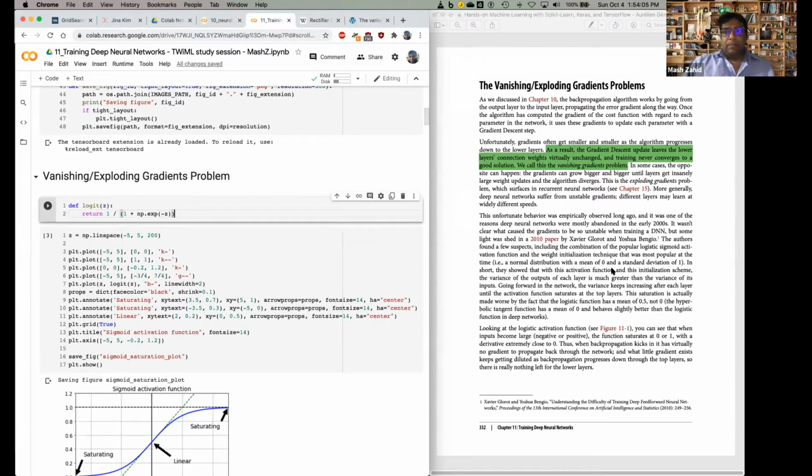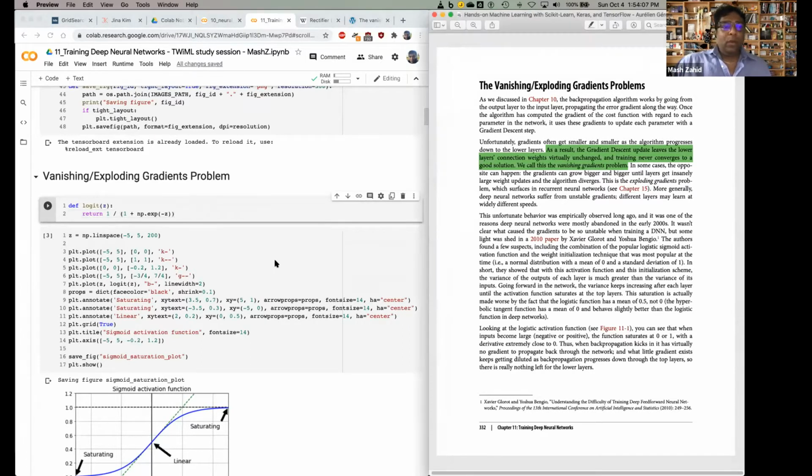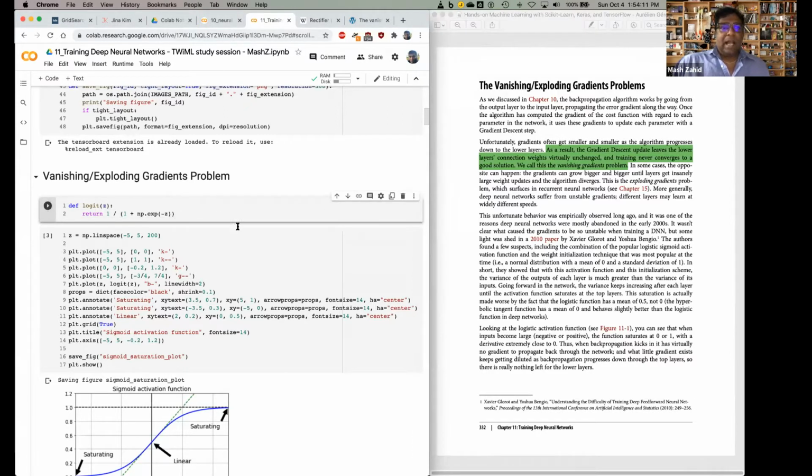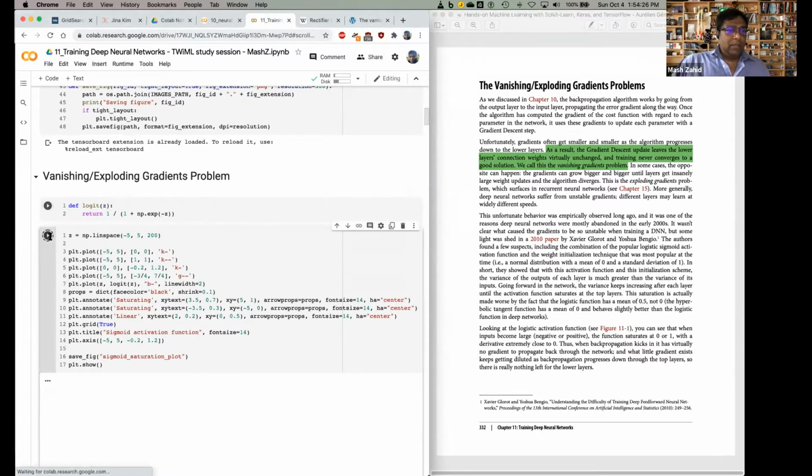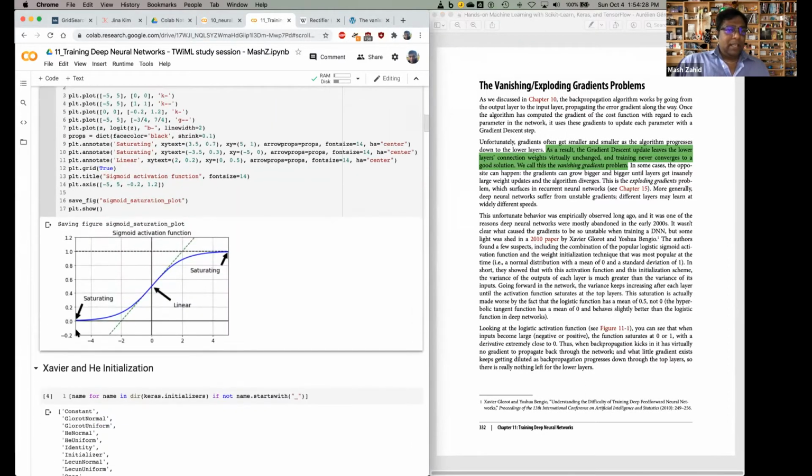All right. So let's create a very basic activation function, a logistic activation function right over here, 1 over 1 plus exponential of minus z. And we plot this out. As you can see, here's the curve. The vanishing gradients, the exploding gradients, here's a sense of it.